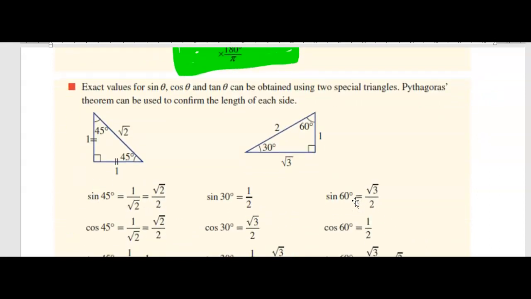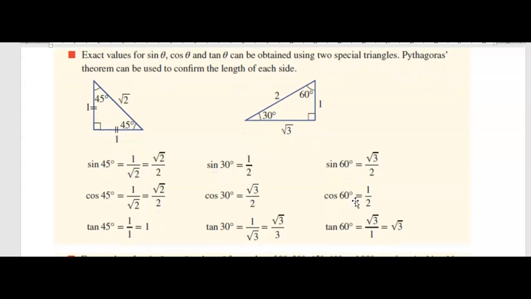Now, the exact values. This looks a little bit more complicated than what it actually is. This first triangle here is an isosceles triangle, so we've got 45 degrees for each.